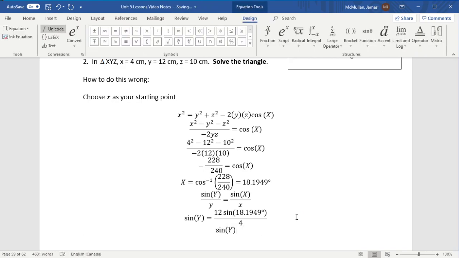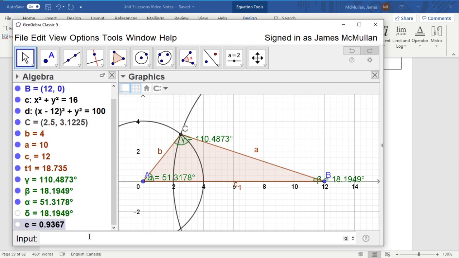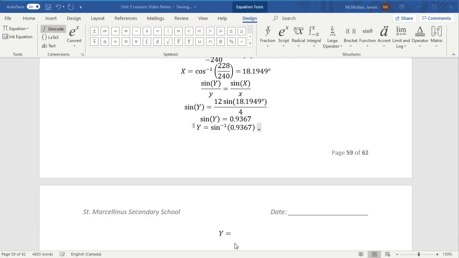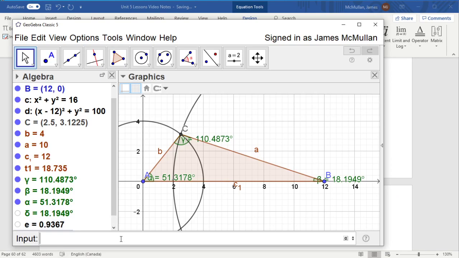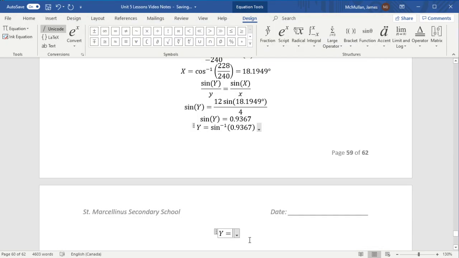Sine y equals 12 times sine 18.1949 divided by 4, 0.9367. And therefore y equals inverse sine 0.9367, and therefore y equals 69.5127 degrees.